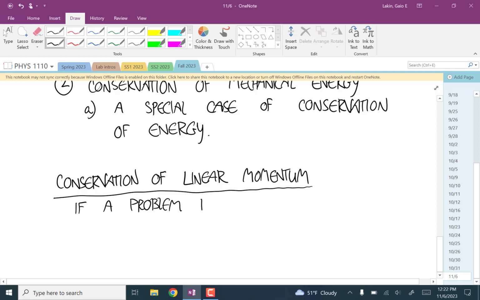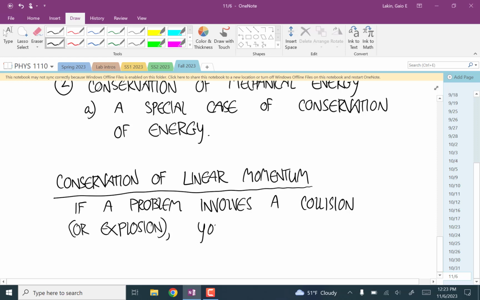If a problem involves a collision or an explosion, although I don't think any of the problems I'm going to give you involve explosions, you'll use conservation of linear momentum for at least part of the problem.